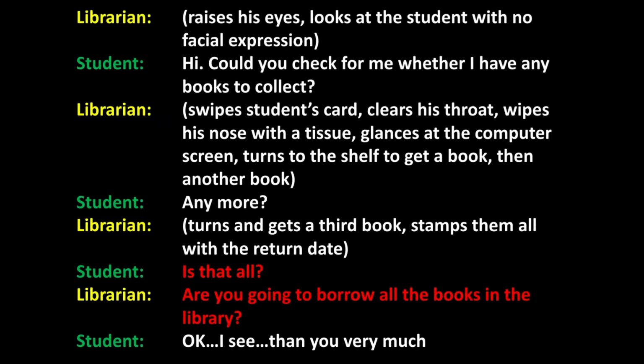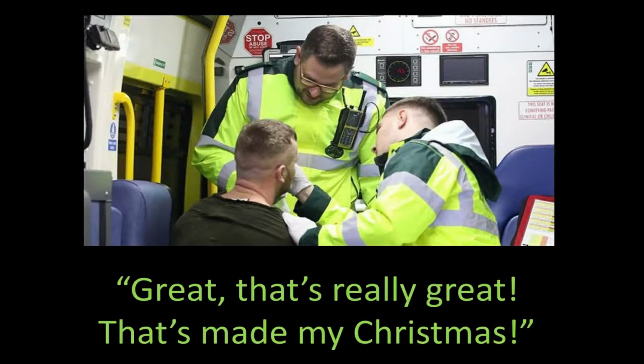But with the librarian flouting the maxim of relation, we realize that he is doing this to imply that the student is being pushy by asking for more books than what is allowable. Now, let's look at an example of flouting the quality maxim.